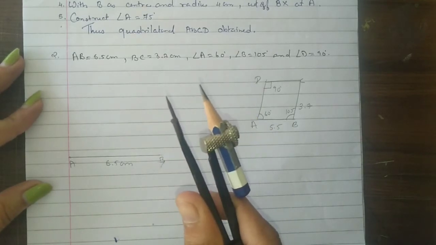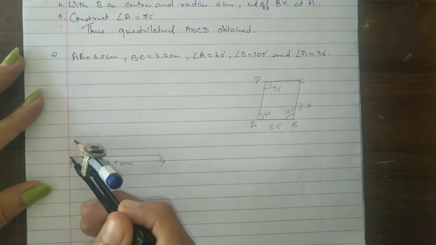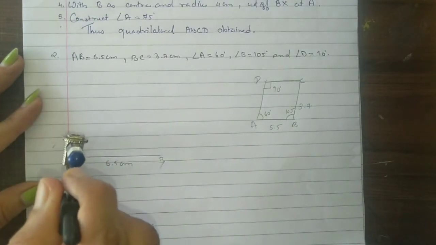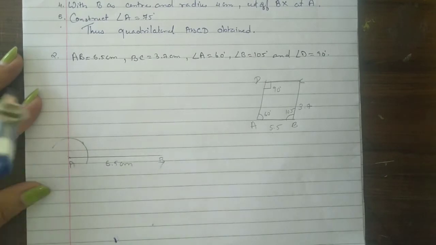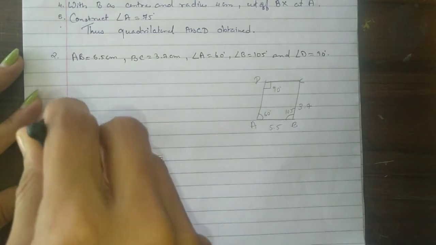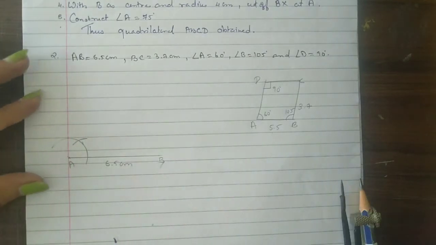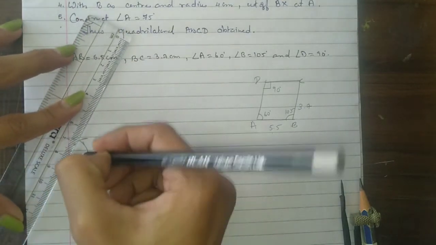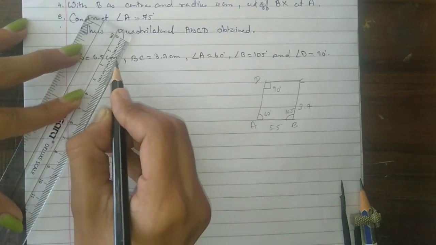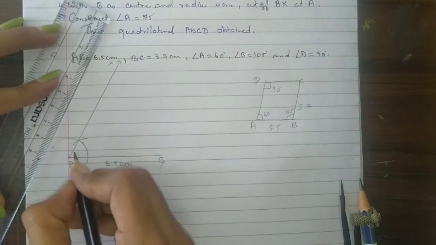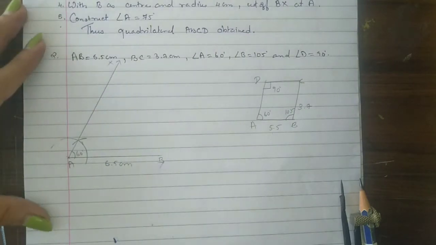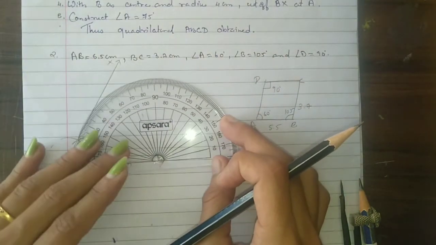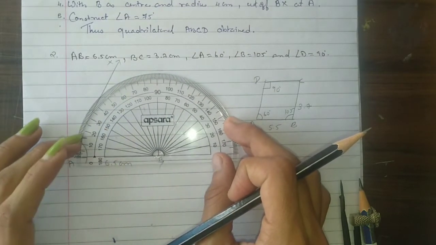Take any measurement on rounder and draw the arc from A. First arc is 60. So let us draw the 60 degree angle. So this one is 60. Now second is 105. So 105 with protractor we will draw.